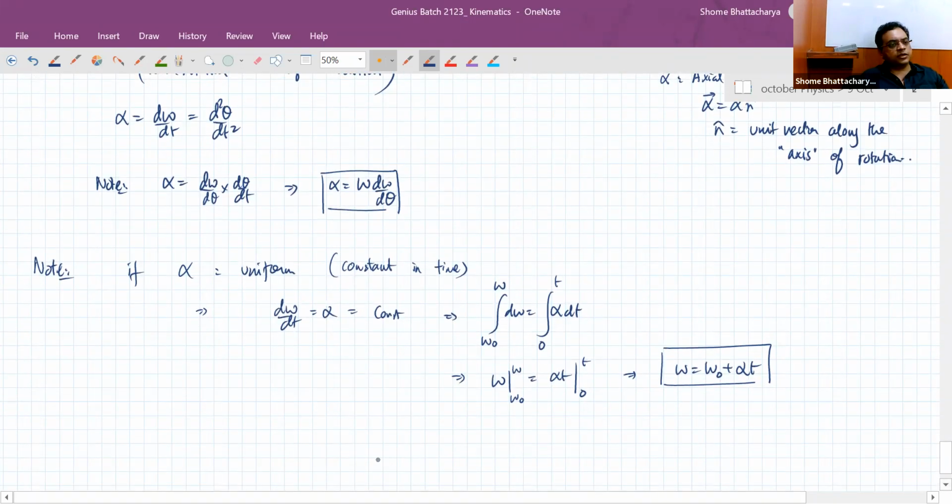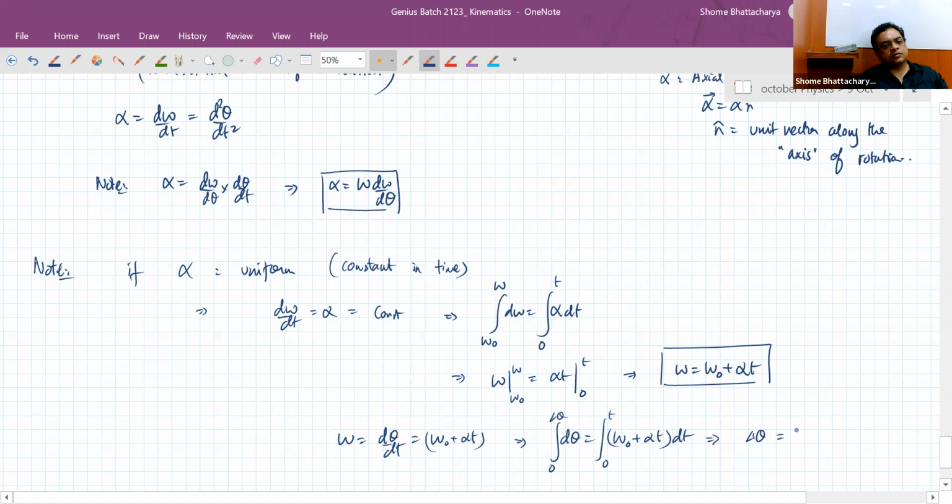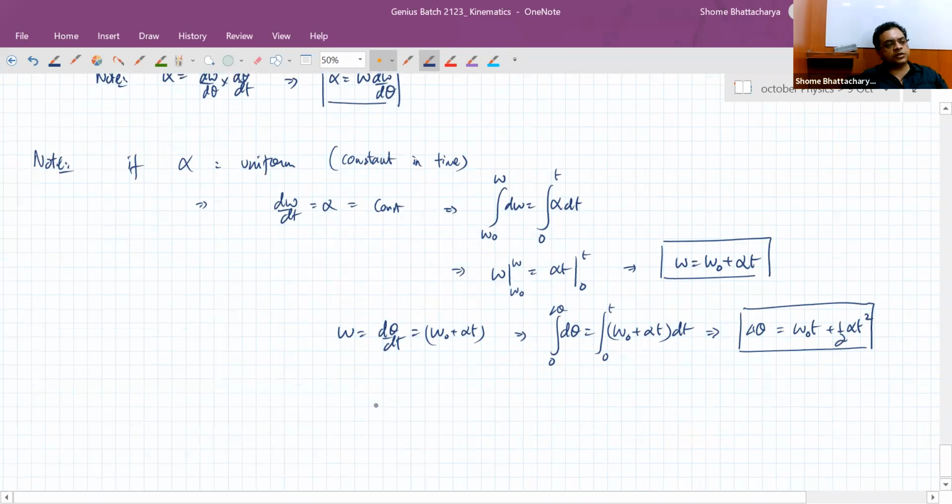Then we integrate this, so we get the angular displacement, just like we had in uniformly accelerated 1D motion, s equals ut plus half at squared.